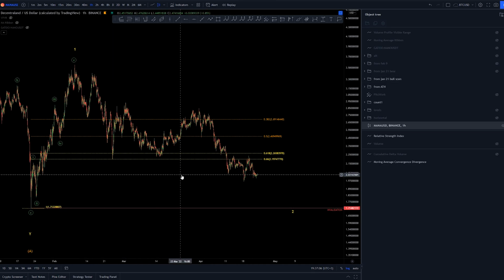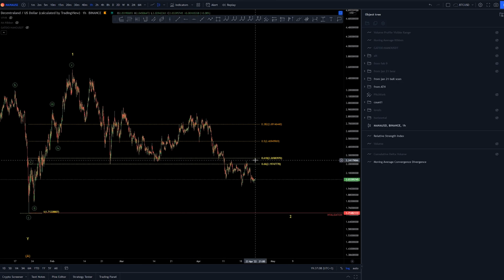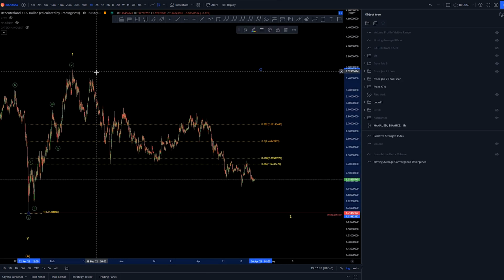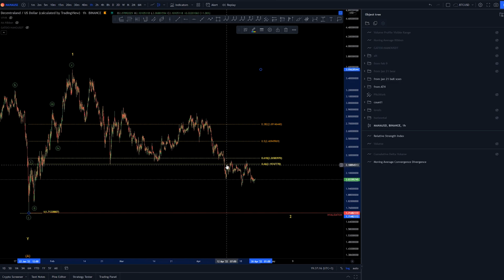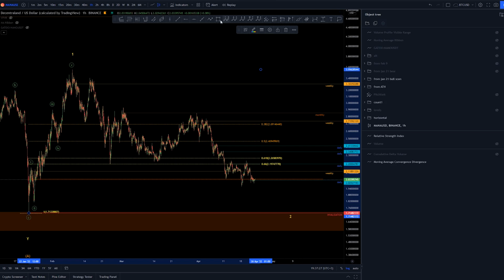Again, making this more unlikely is that we have already visited the 0.618 or golden pocket a couple of times here around 24th of February and 15th of March, and last time around the 11th we actually went through, and now this area is a resistance area. Let's see if I actually have that as, no, I don't have it.